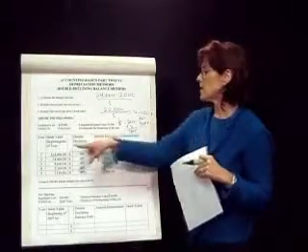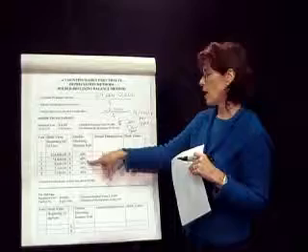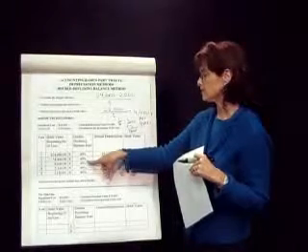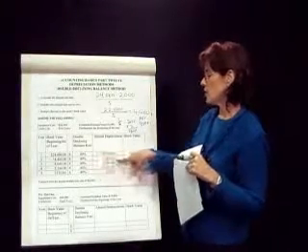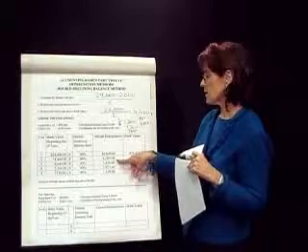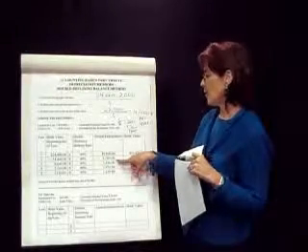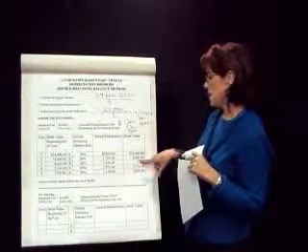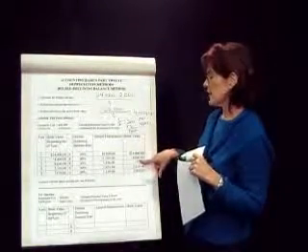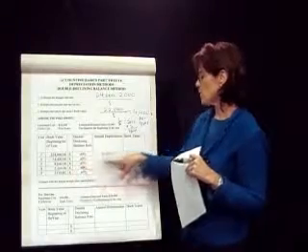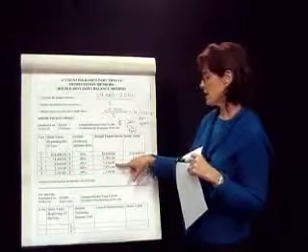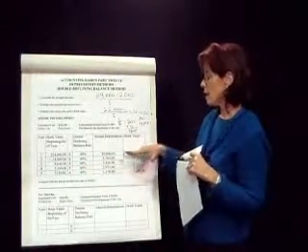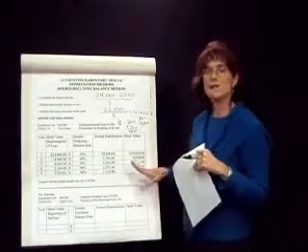Then we take that $14,400 and multiply it by 40%. You should get $5,760. When we take that away from our book value at the beginning of the year, we get $8,640. And we take that $8,640, multiply it by 40% to get $3,456. And so on, all the way down to the last year.